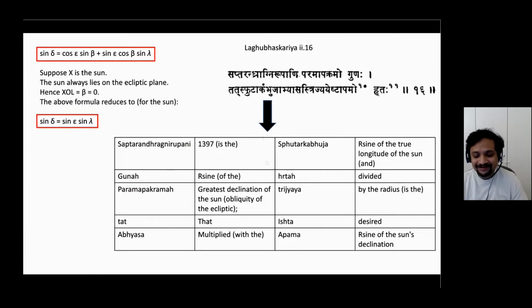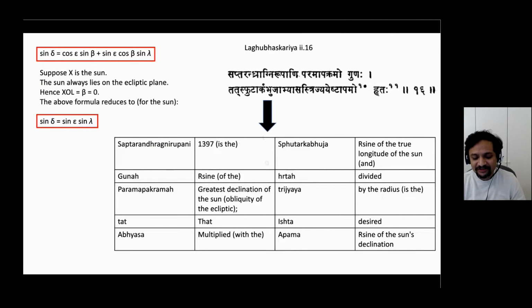Three what? In this context, it means three zodiacal signs, zodiac constellations. There are 12 zodiac constellations on the ecliptic and 360 degrees in a circle. So each constellation is 360 divided by 12, which is 30 degrees.